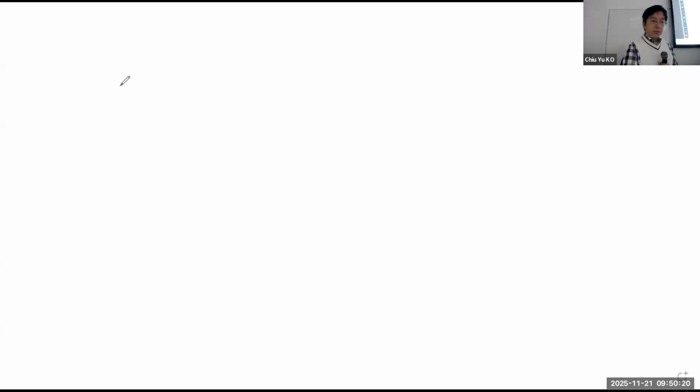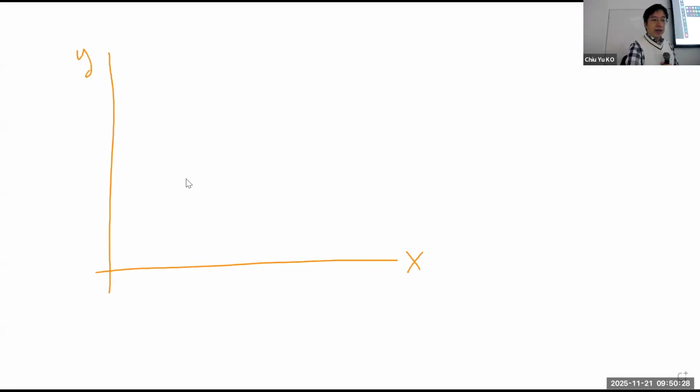So the idea is the following. You have data X and Y, and then you can represent the data by some scatter plot. The data points, the dots, are the data you have. Maybe I should forget about data first. I should talk about how they are related.